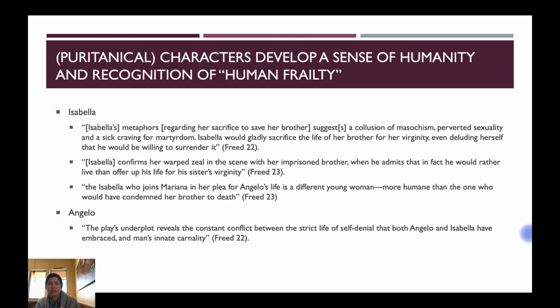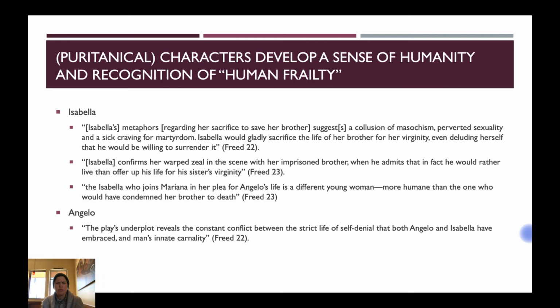We also see that Isabella affirms her warped zeal in the scene with her imprisoned brother when he admits that, in fact, he would rather live than offer up his life for his sister's virginity. So we see that Isabella is not willing to sacrifice her virginity to save her brother, and we see that her brother is not willing to sacrifice his life to save his sister's virginity, right?